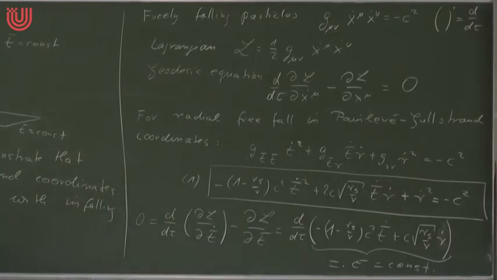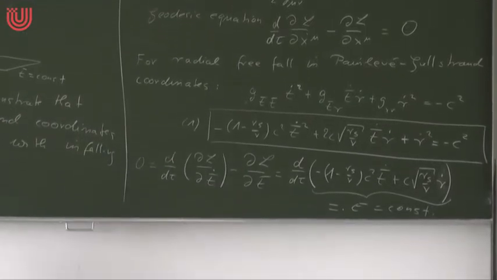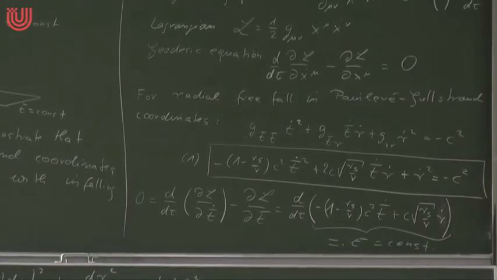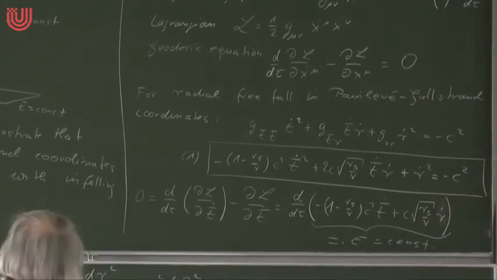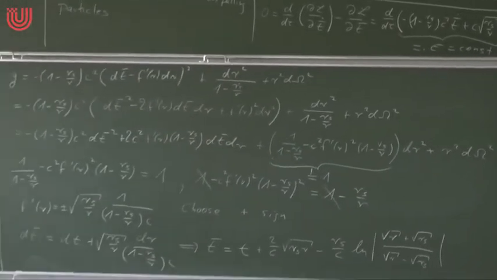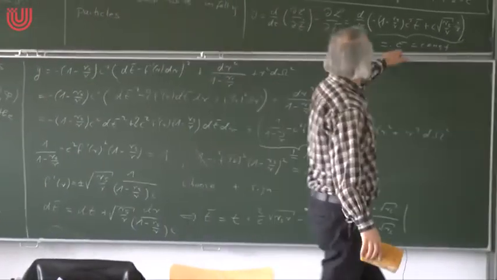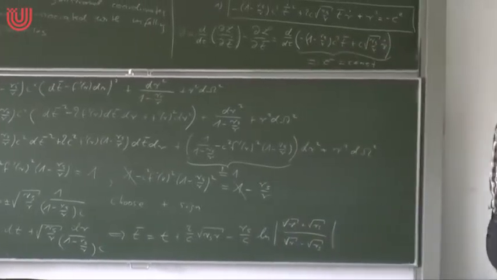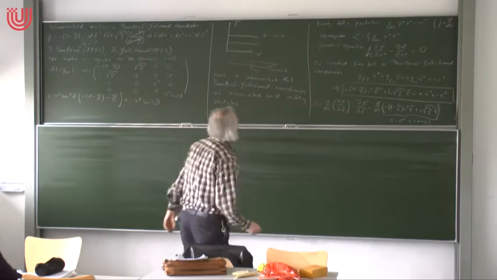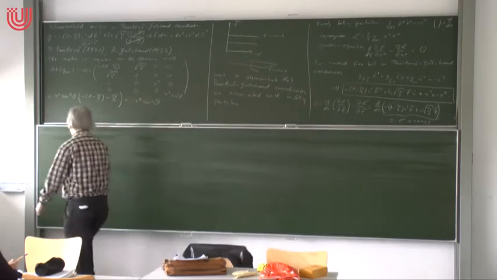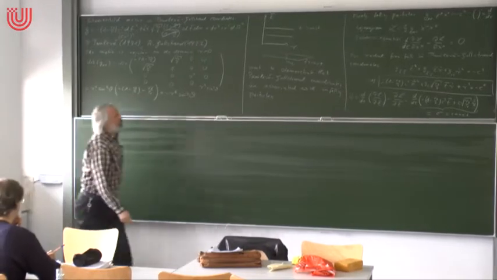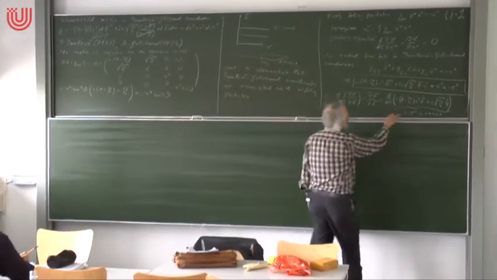So the second equation which we get is, cannot squeeze it up there, so I have to erase the board. The second equation is this here, that this is a constant E. Okay, so what's the second equation? Usually one calls this minus E. Yeah?